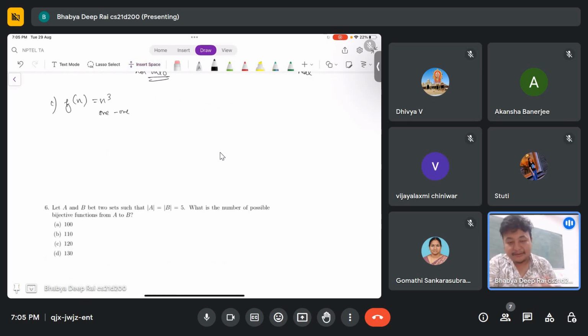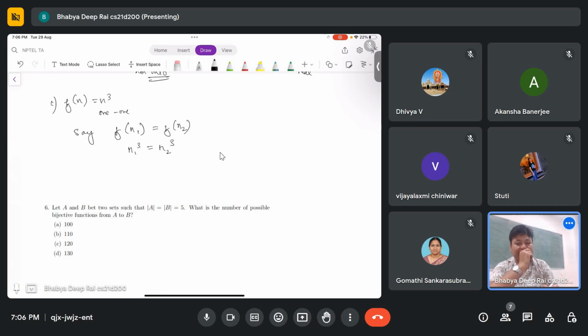Well, I can diagrammatically try to see it, but a more formal and foolproof way to check it is, like I said, assume that two elements map to the same output. Let's say two elements are different and they map to the same output, and let us contradict ourselves. Then what do we have? f of n1 is n1 cube, and f of n2 is n2 cube.